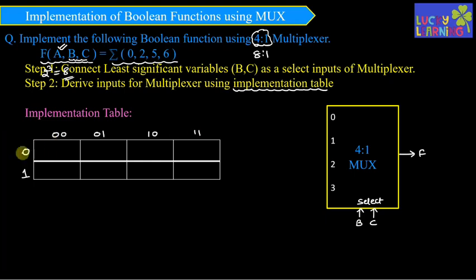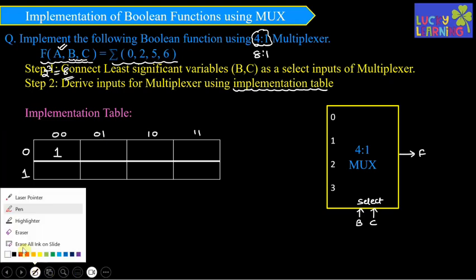Means when you look for the 3-bit combinations, 0, 0, 0 is representing minterm 0. So because minterm 0 is part of the function, represent it with 1, right? Similarly, 2, 5, 6 are there.